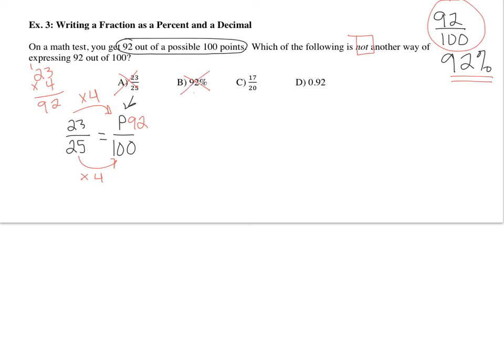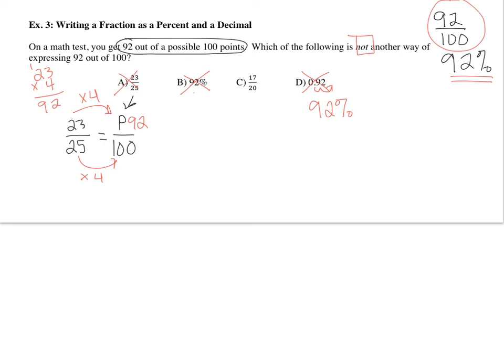And then if we look at D, skipping over there, since fractions can kind of be messy, we have decimals. We're going to move it 2 places to the right to make it a percent. Moving that decimal 2 places to the right is the same thing as multiplying by 100. Tack on that percent sign at the end, and we got 92%, which is what we're trying to identify.